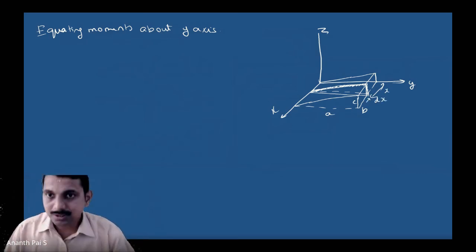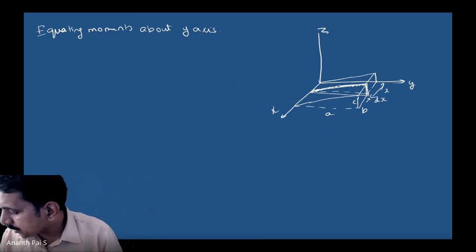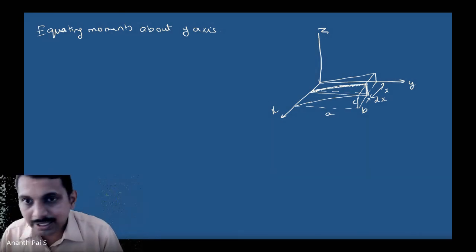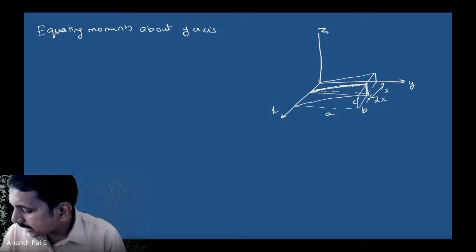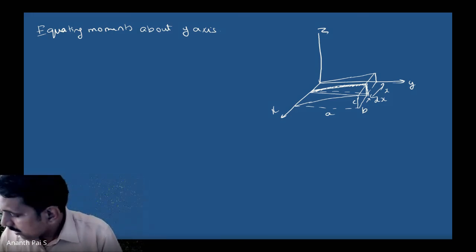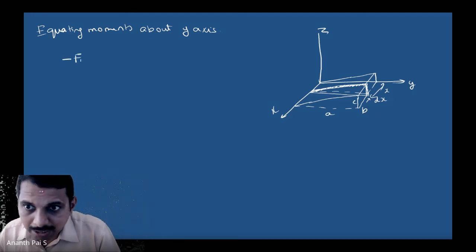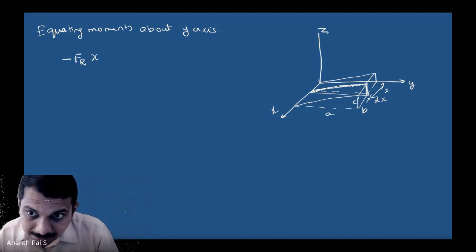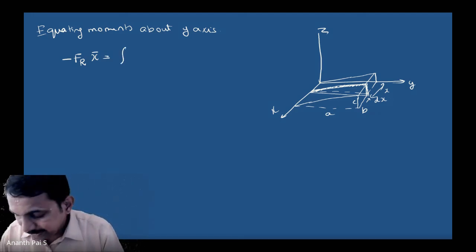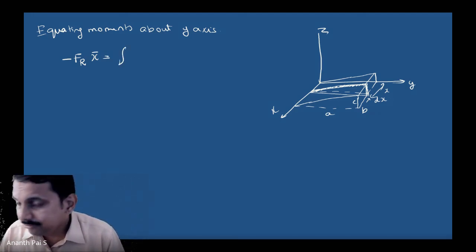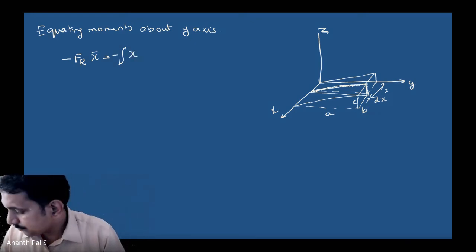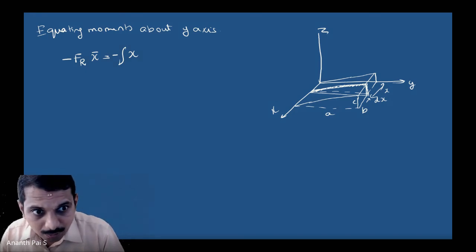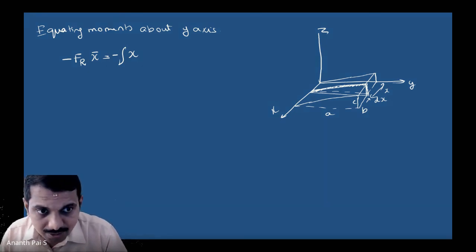Correct. So in a similar way, I can write minus Fr into x bar should be equal to the integration of minus x into the volume.